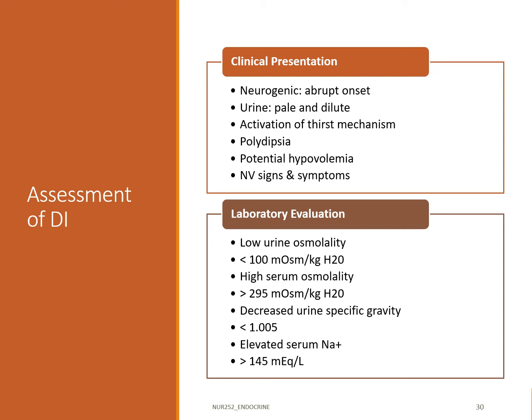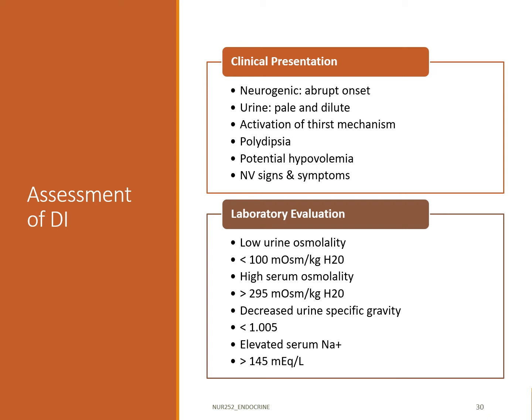Neurological signs and symptoms are seen with hypovolemia and hypernatremia, and these will include the following: confusion, neuromuscular excitability, hyperreflexia, seizures, or coma.